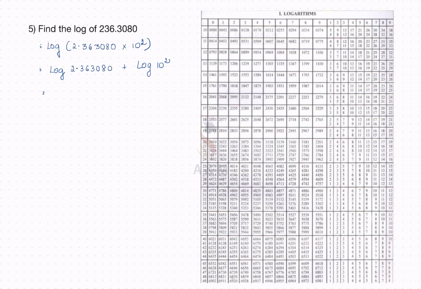2.363080. Here first join this 23 from the row and 6 from the column. You get value 23 from the row and 6 from the column, that is 3729.